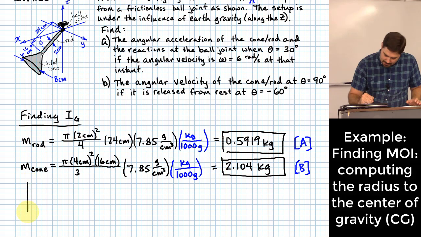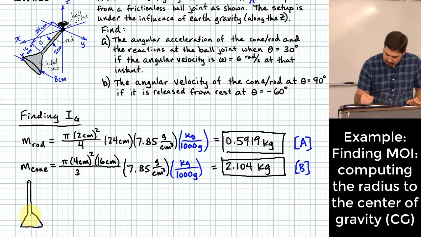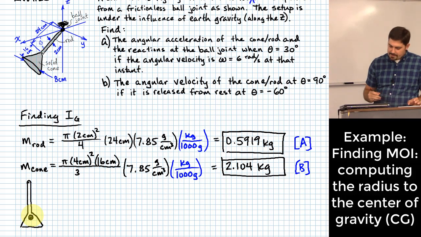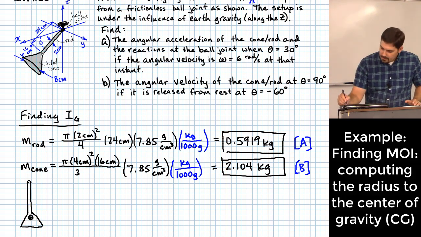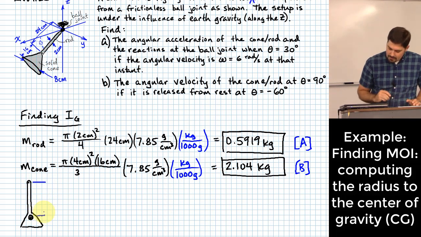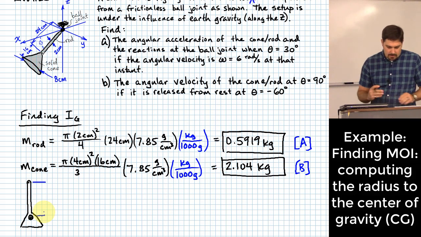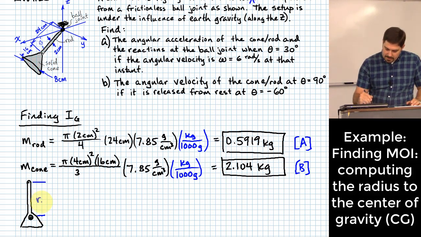Let's say that this is my body, relative to the pivot point up there. There's going to be some location. It's probably going to be down here somewhere where that center of gravity is located. I'm going to call this length maybe R sub CG.